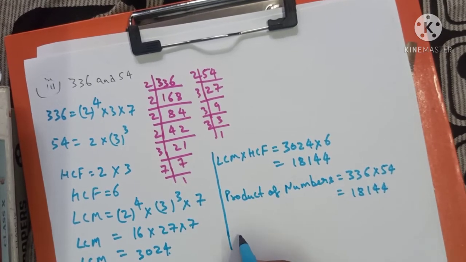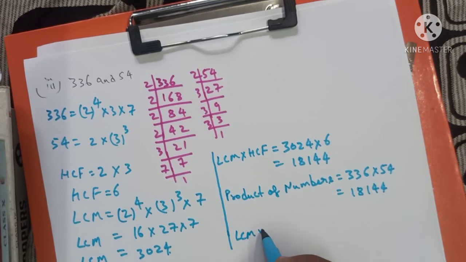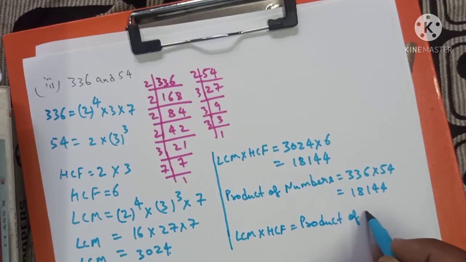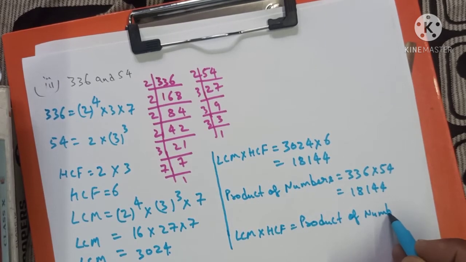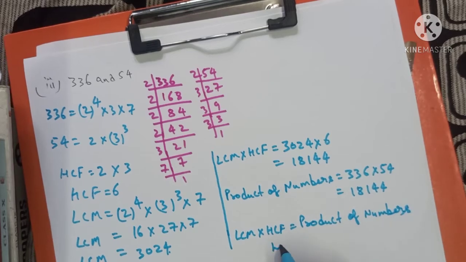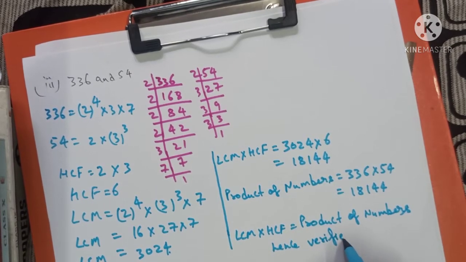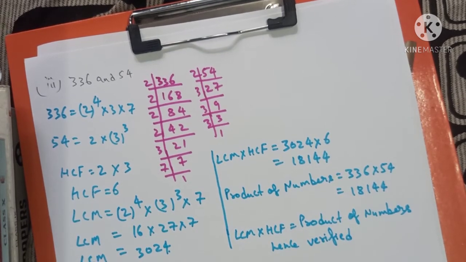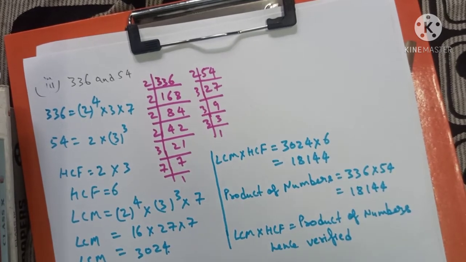So we say that LCM into HCF is equal to the product of numbers, hence it is verified. So here we have seen that the product of numbers is always equal to the product of LCM and HCF in case of two numbers.